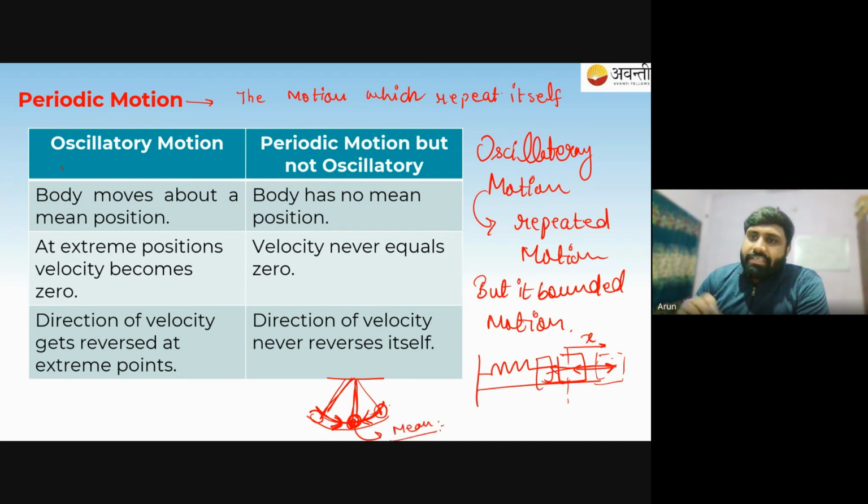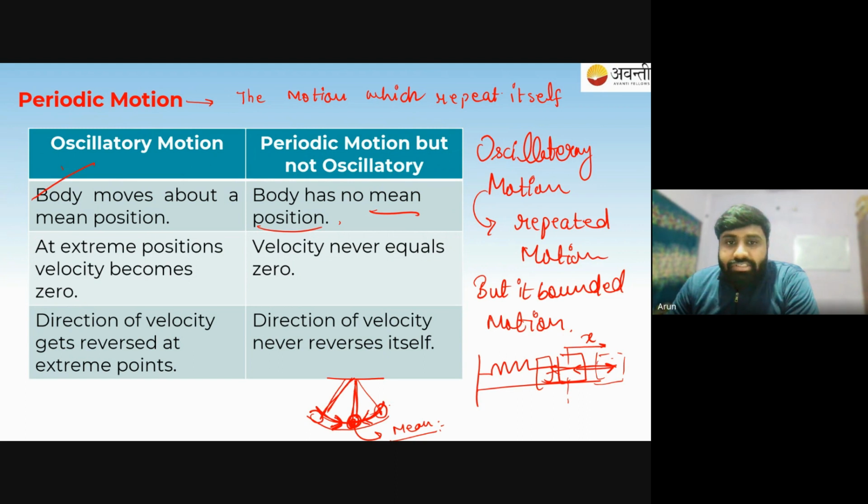When we discuss the kinematics of SHM, you will get to know what the mean position is and what its function is. So in oscillatory motion the body moves about a mean position, but in periodic motion there is no mean position.